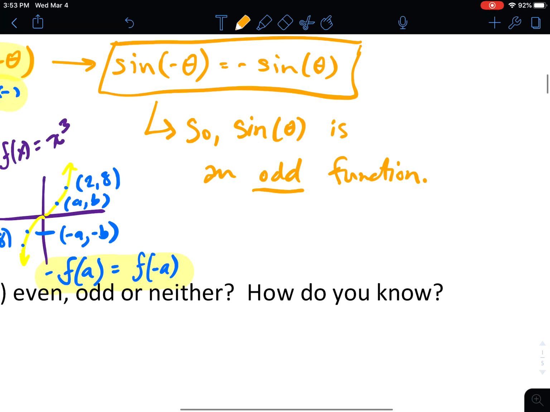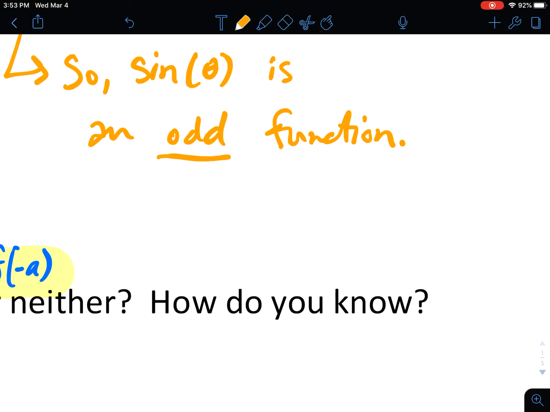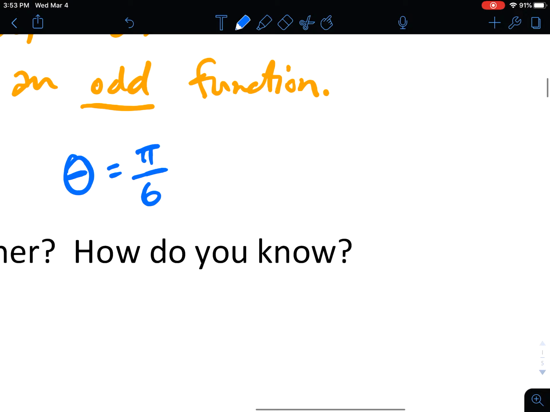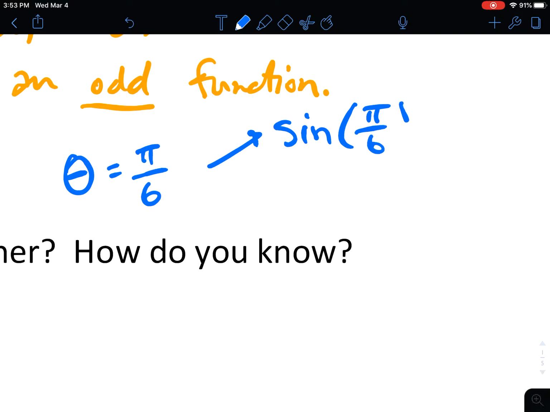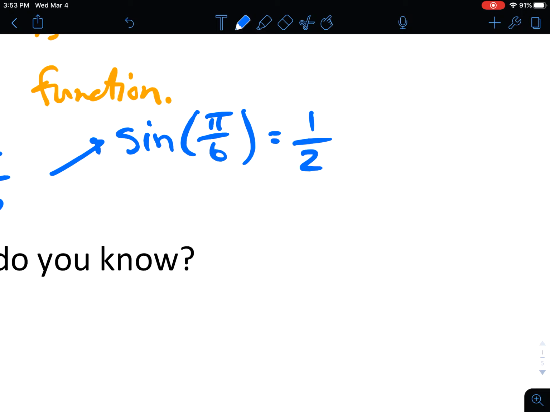And if you're not convinced of this quite yet, you could prove it to yourself by example. If theta is something like pi over 6 radians, we know that sine of pi over 6 radians is 1/2. And sine of negative pi over 6 is negative 1/2.